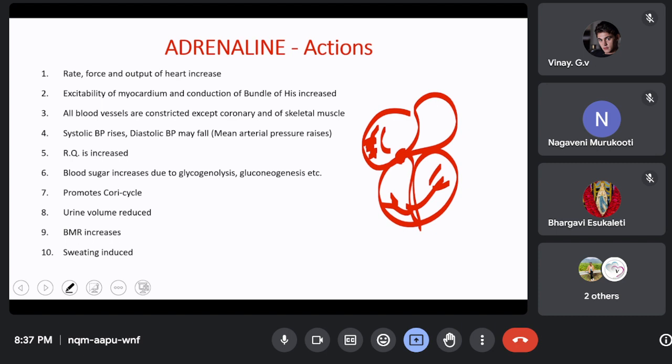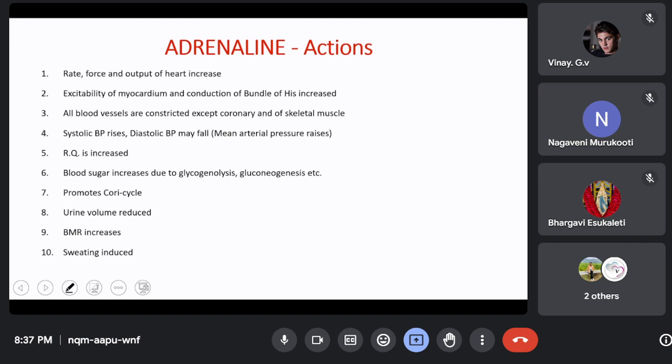And now, under the influence of the adrenaline, excitability of myocardium takes place, and also conduction of the bundle of His is increased.